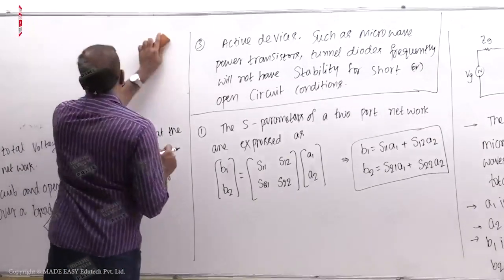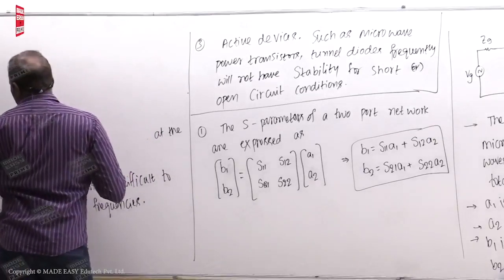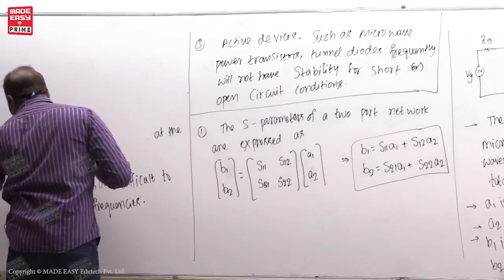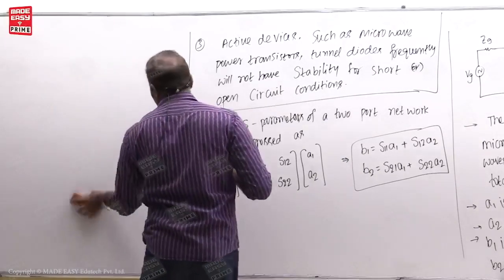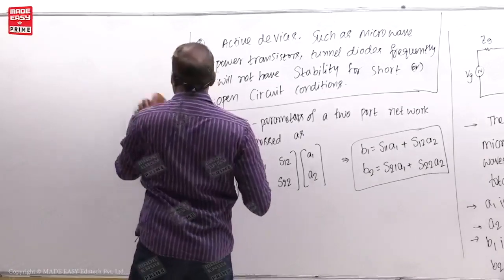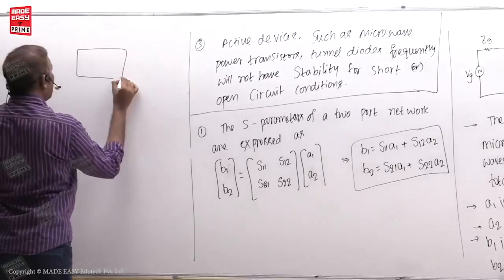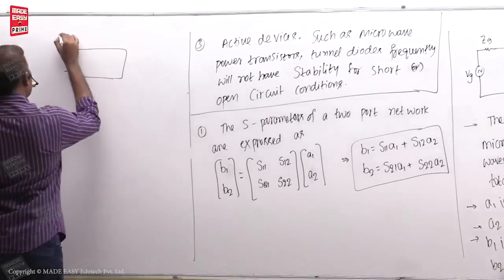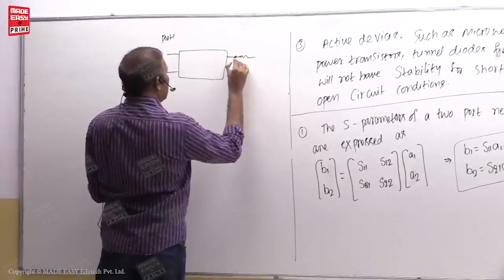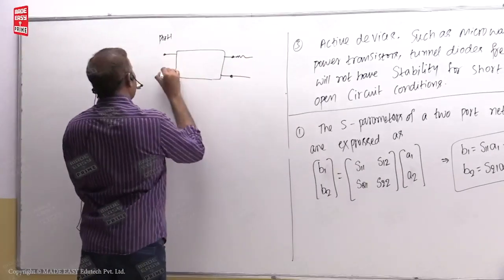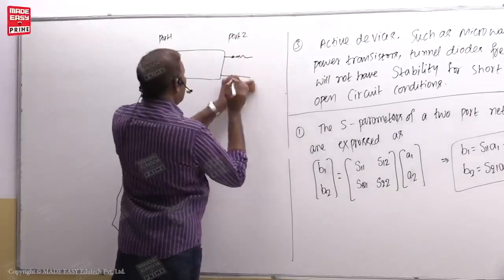That means for this case you are going to connect the voltage generator at port 2, and only then can you send the signal at port 2. Okay, the circuit is done like this. This is port 1 and this is port 2. I will draw it a little bit bigger.